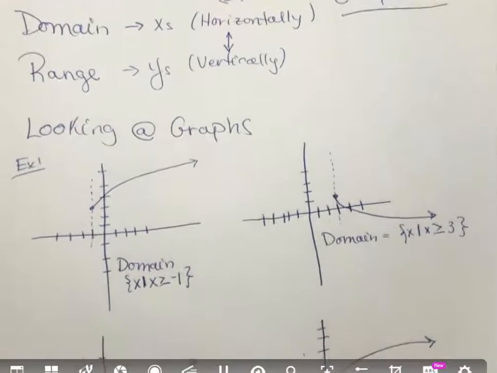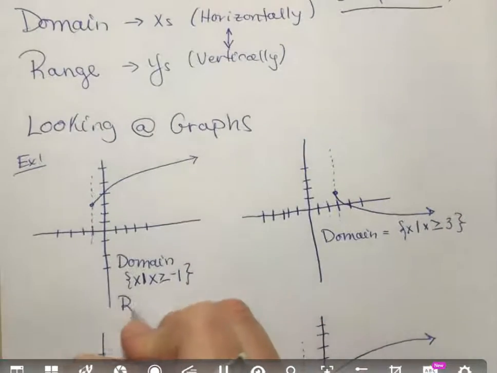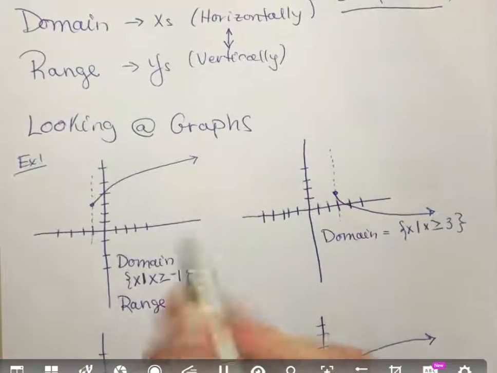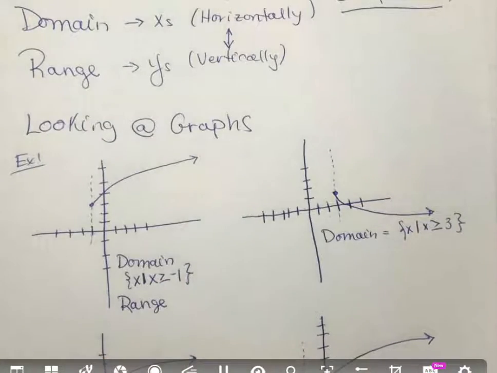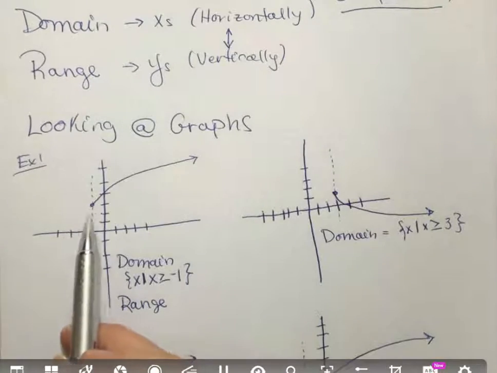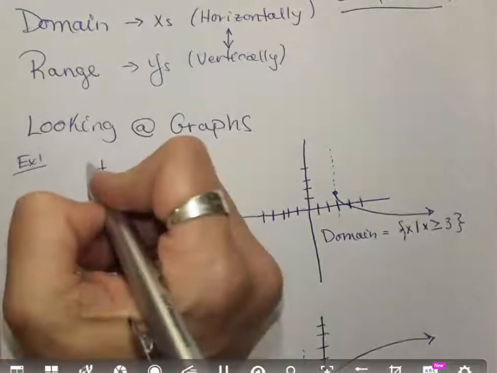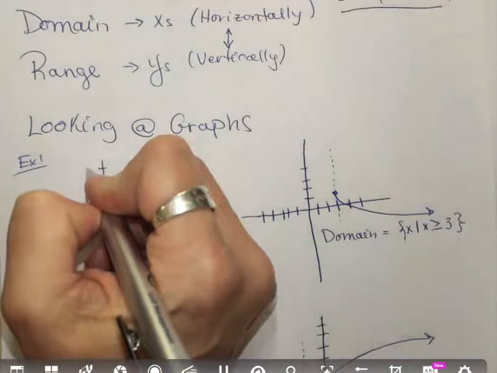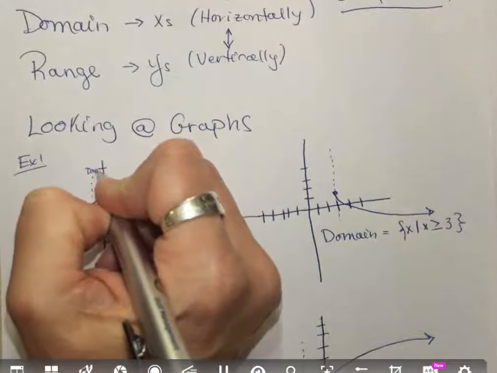All right, so now let's look at the range. Range, when we look at it graphically, now we're looking at the vertical. Where do we start seeing values vertically? Well, in this case, this was my domain line.